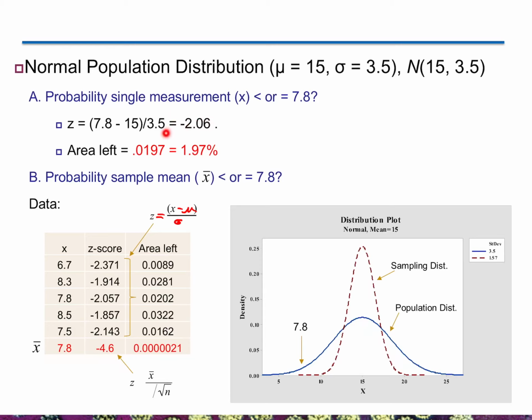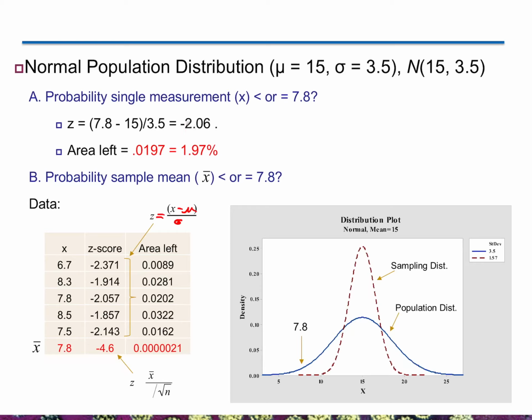You look up minus 2.06 on the table, Table B. Area to the left ends up being 0.0197, or 1.97%. That makes sense because we're talking about roughly 2 standard deviations, and plus or minus 2 standard deviations from the mean should cover 95% of our area. So you'd have 2.5% on either side, outside of 2 standard deviations. That's a pretty low probability of occurrence, but it's one measurement, so it could happen.